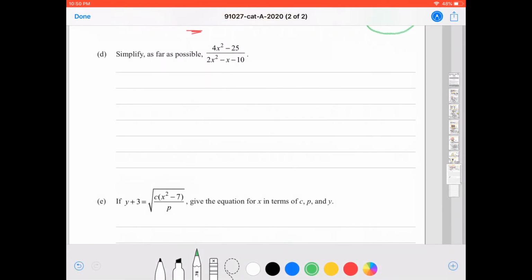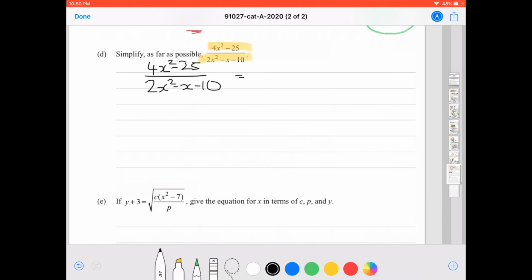Okay, moving on to question 3D. The question asks us to simplify as far as possible this fraction: 4x squared minus 25 over 2x squared minus x minus 10. And we've really got nothing else to do here but factorize.